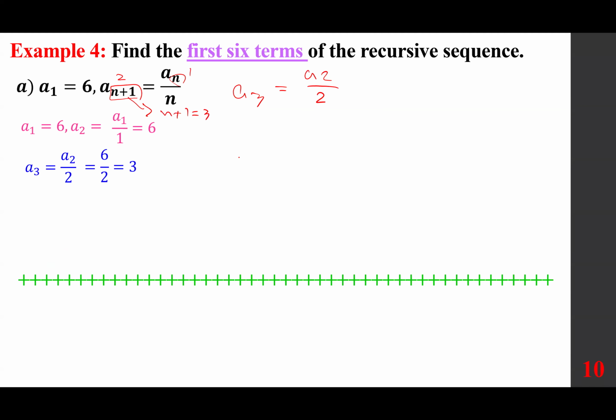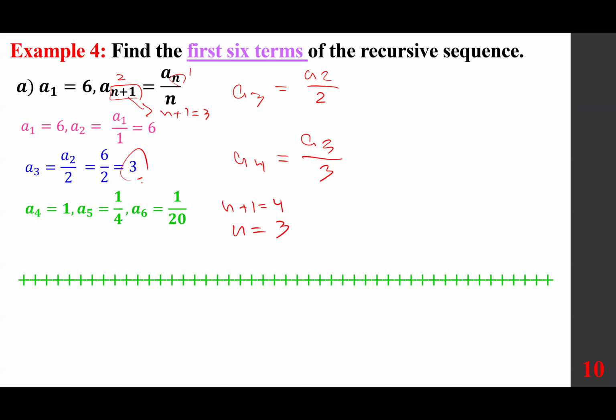Now, if I want the next one, a sub 4, now n plus 1 is 4, which makes n 3. So I have a sub 3 over 3. So this number divided by 3 is 1. And you can figure out the next one, a sub 5 and a sub 6, on your own.